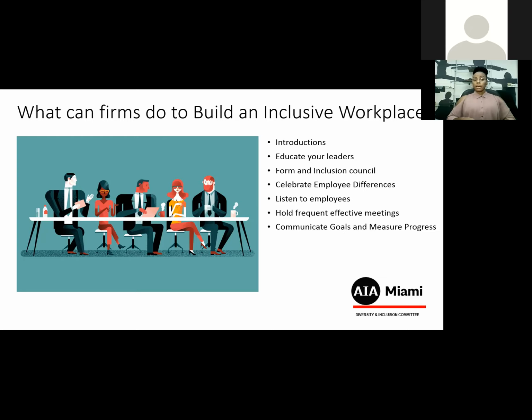If the answer is yes, how do you maintain that? Now that your leadership represents your demographics, how do you keep those demographics? How do you increase those demographics? How do you make this better? These are the things you need to think about when you want to think about inclusion within your office.